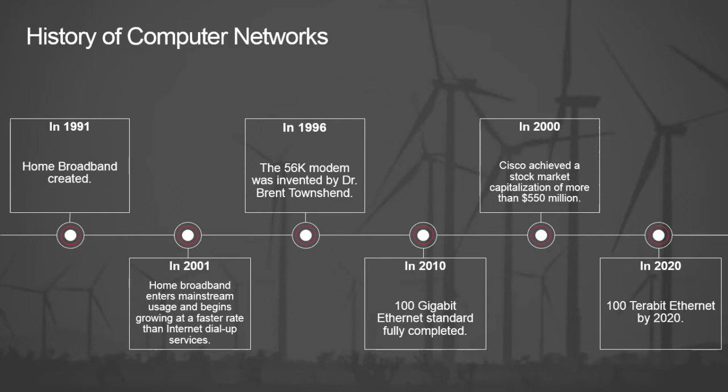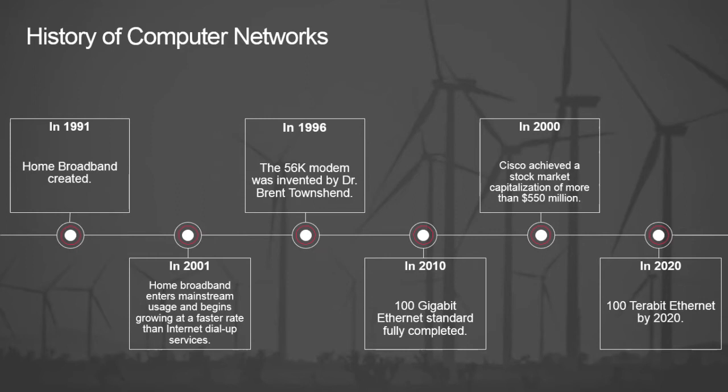Then in 1996, the 56K modem was invented by Dr. Brent Townshend. In 2000, Cisco achieved a stock market capitalization of more than $550 million. That basically made Cisco the single most valuable corporation in the world.